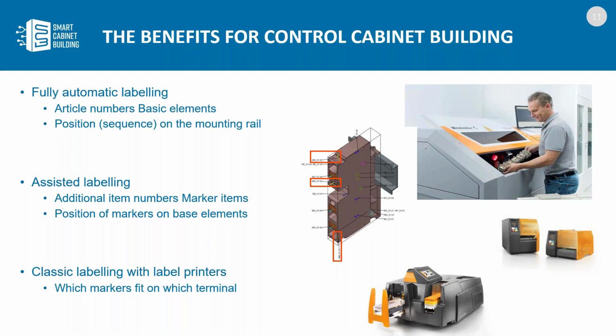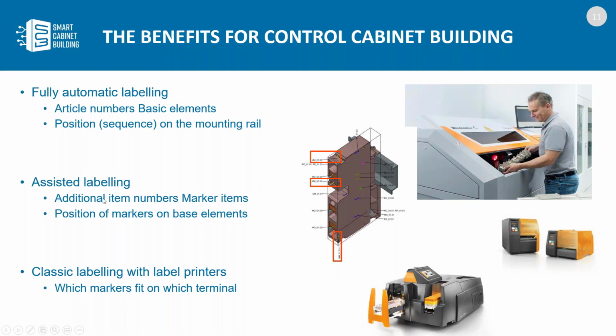And all this data is available for the Weidmuller product. So you don't have to care, and the position and the sequence of the mounting rail comes from E3. So this is really finished.